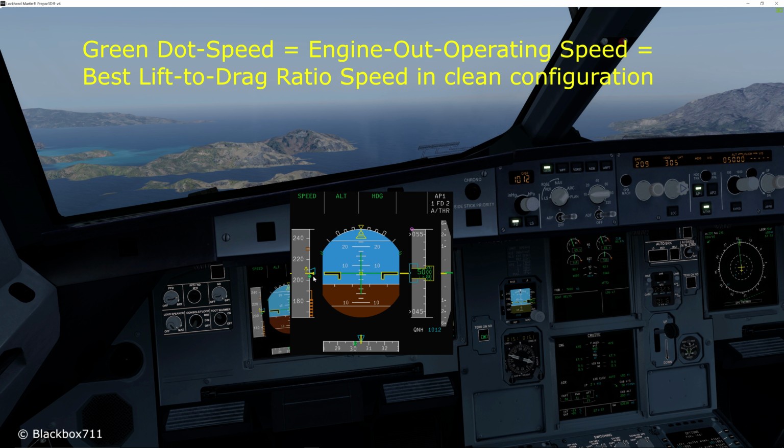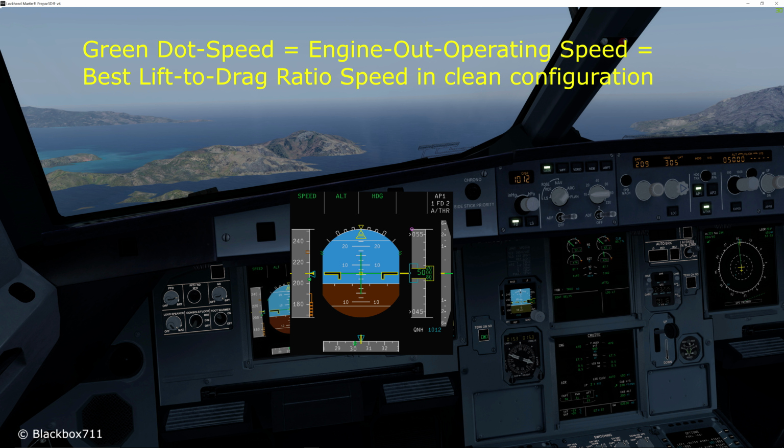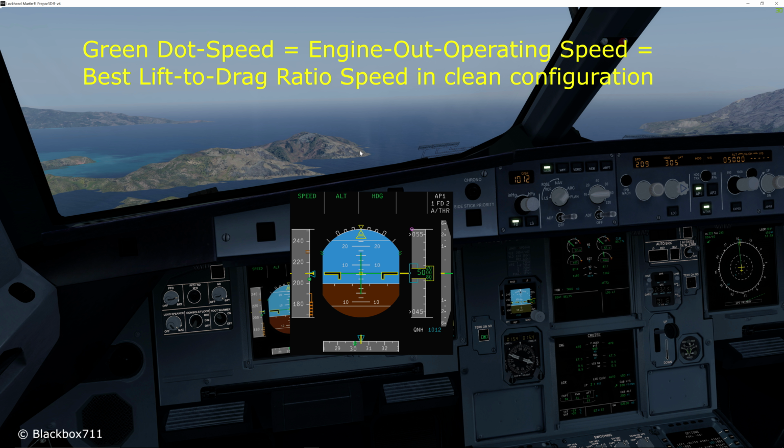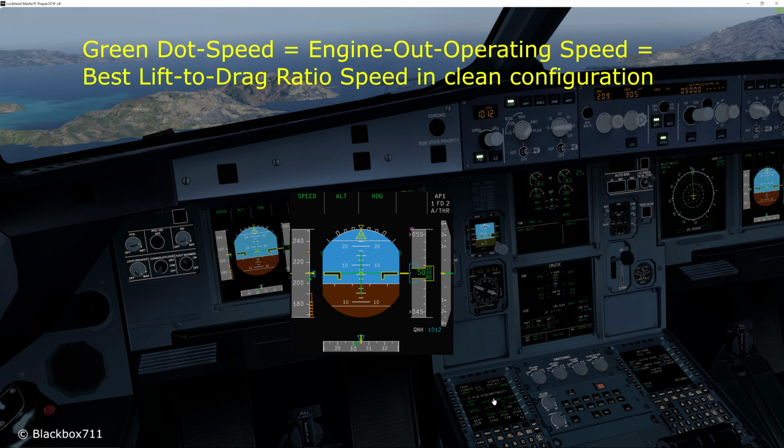Okay, so then we come to the last characteristic speed we would want to talk about today, and that is the green dot speed, indicated by a little green circle on the speed scale, and that indicates the engine out operating speed, otherwise known as the best lift to drag ratio speed.